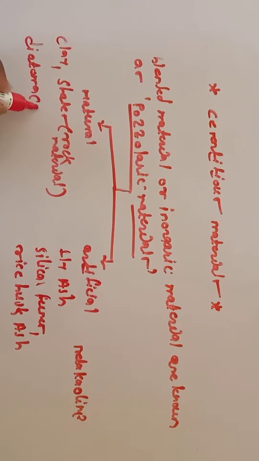So these are the materials which act as pozzolanic materials. They don't have a cementitious property, but when they react with calcium hydroxide, they show cementitious property. So this is the classification of these blended materials or inorganic materials.